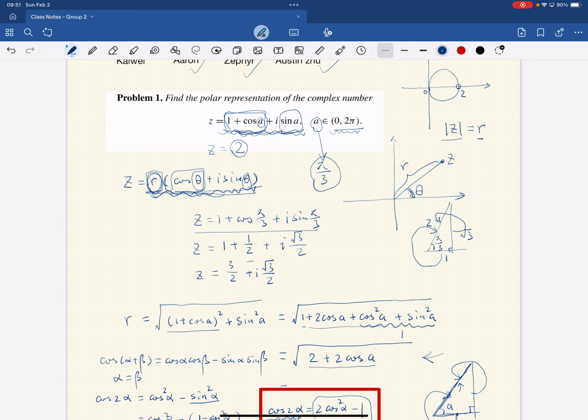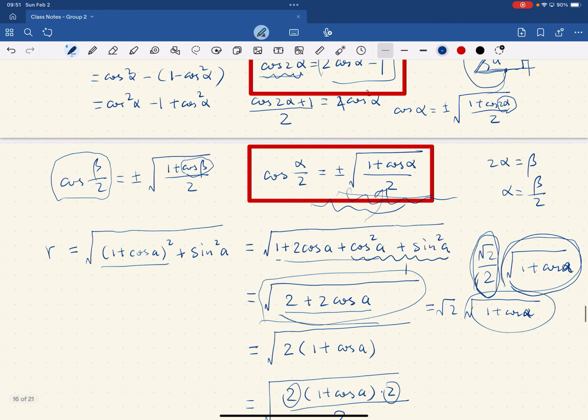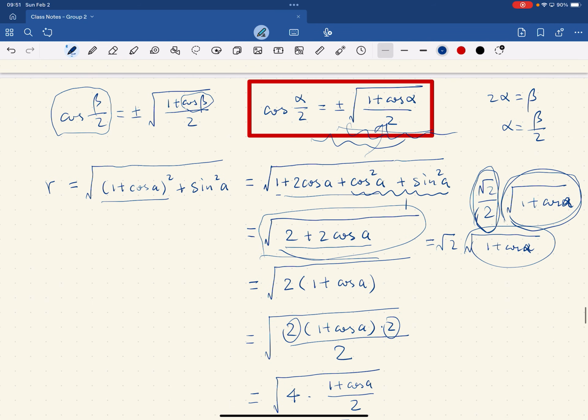Aaron, how do you feel about this problem? Hard? Yeah, it's hard compared with the problems we deal with in public school. This is definitely a hard one.